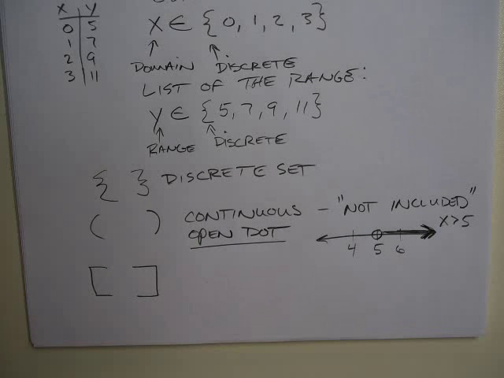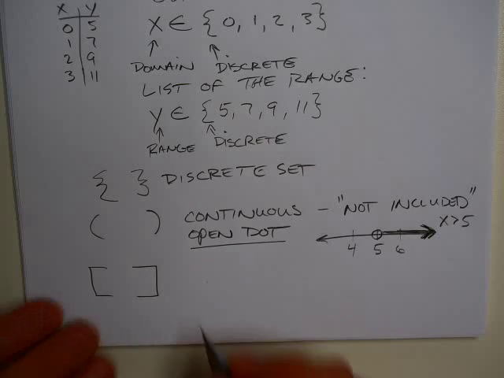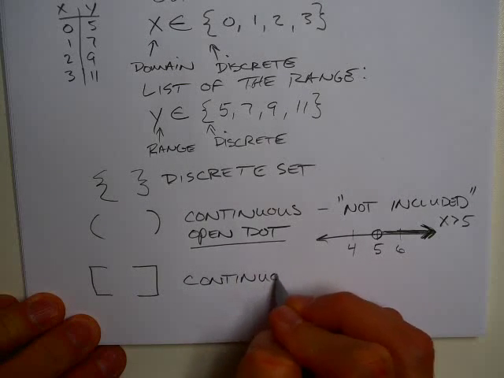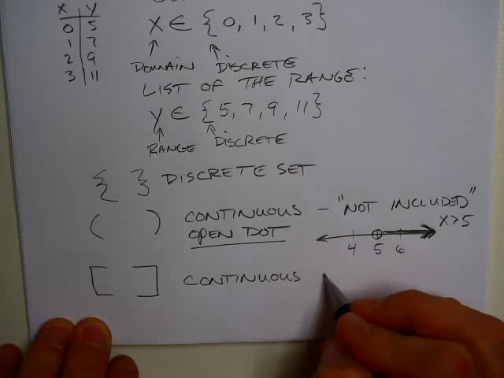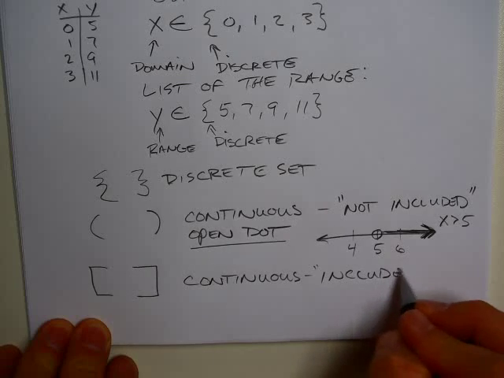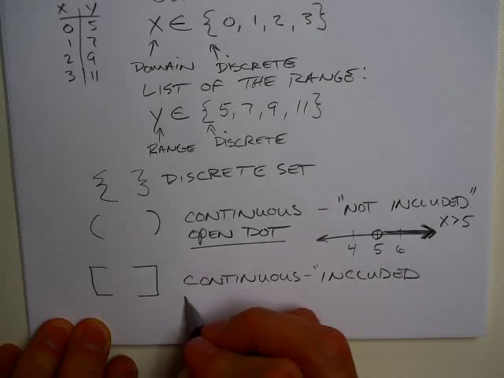And we can mix these. Because on some lines we might have an open dot on one end and a closed dot on the other. These can mix. But this is still a continuous idea. Included. So it's your closed dot.